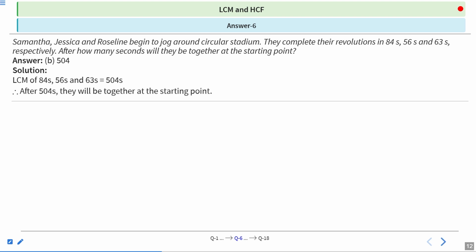Therefore, after 504 seconds, they will be together at the starting point. Because LCM is the least number that can be divided by 84, 56, and 63, that is 504 seconds. That means there is a common point after 504 seconds. So option B is the correct answer.